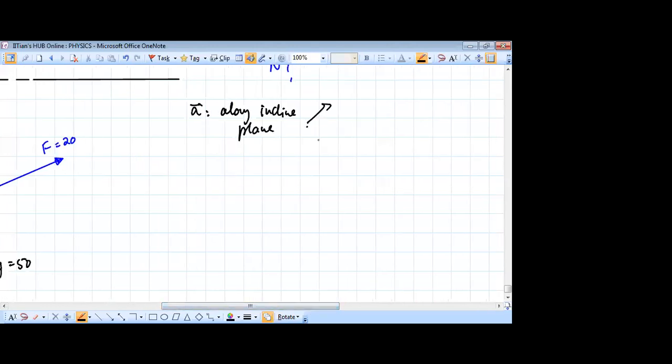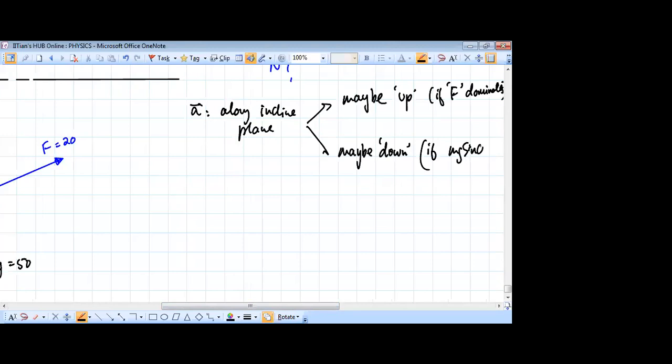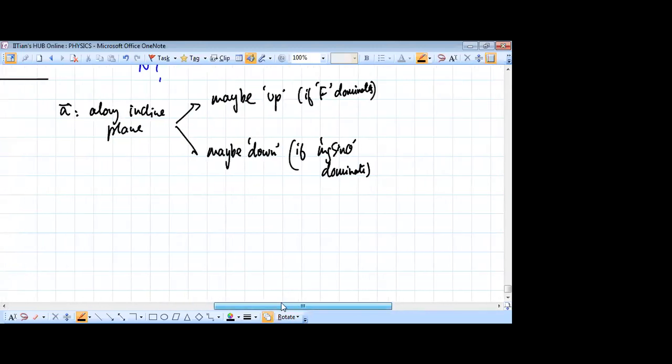Now this along the inclined plane may be up if F dominates, or maybe down if mg sin theta dominates. But whichever it is, it will be along the inclined plane.